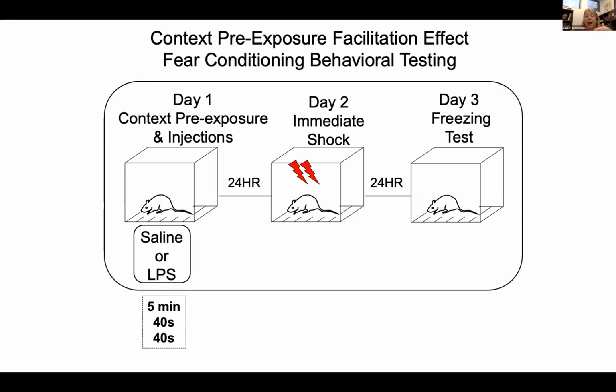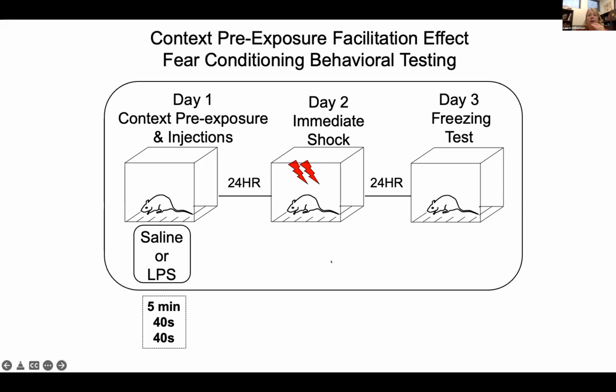And nothing negative happens to them in the fear conditioning room. They just look around, walking about, sniffing things, nothing bad happens. They come back to the colony room, we give an injection of either saline or LPS. This is lipopolysaccharide again. And then we let them go to sleep, have a nap, do some consolidation.